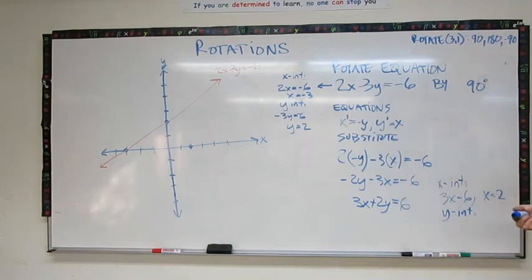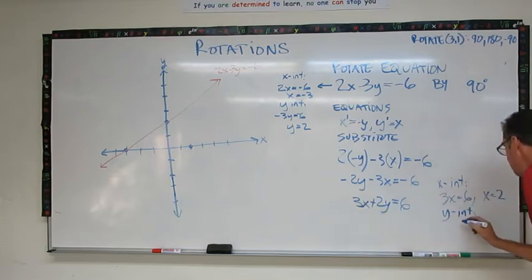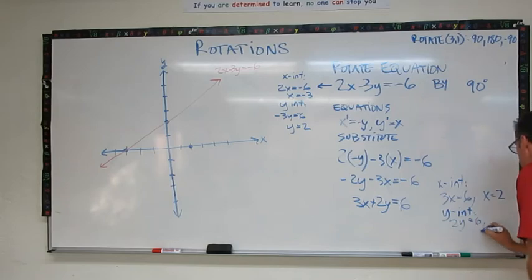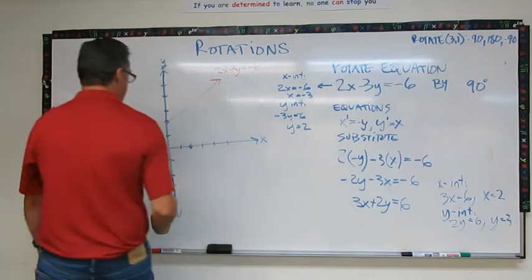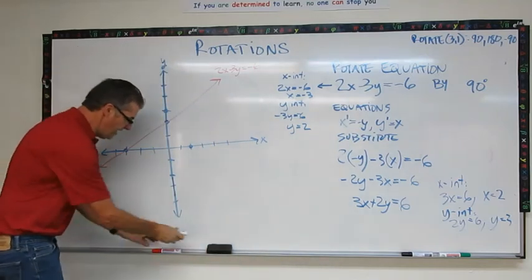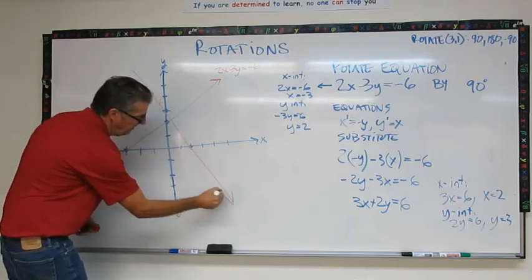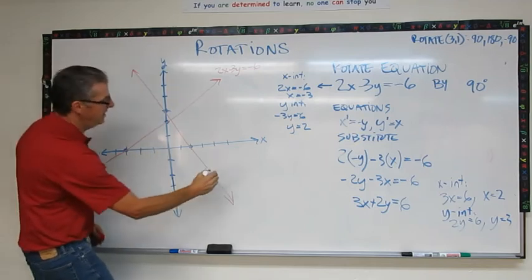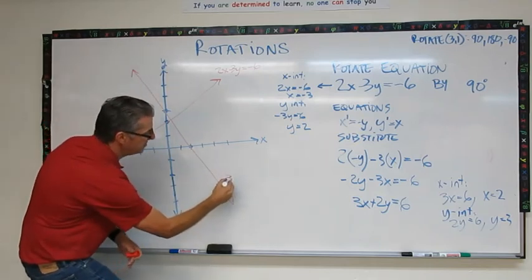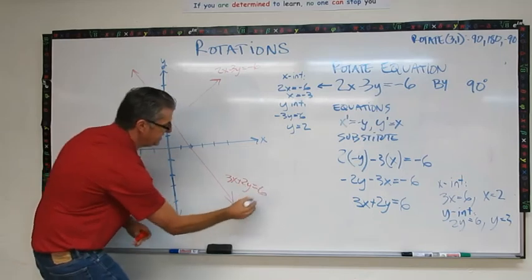The y-intercept happens when x equals 0. So this term goes to 0, and you get 2y equals 6, which gives us y equals 3. So that happens at the point y equals 3, right there. Let's draw that line. Not too bad. And this one is that line there. This is 3x plus 2y equals 6.